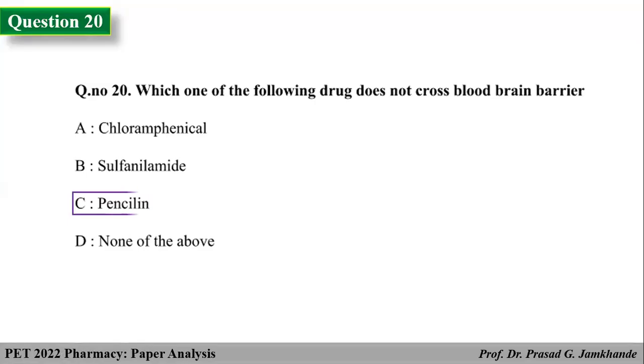In case of the sulfanilamide, it is also antibacterial, and it is also used for systemic circulation. It has ability to cross the blood-brain barrier. Whereas the penicillin is the broad-spectrum antibiotic, it does not cross the blood-brain barrier. So the correct answer is the C option, that is the penicillin.